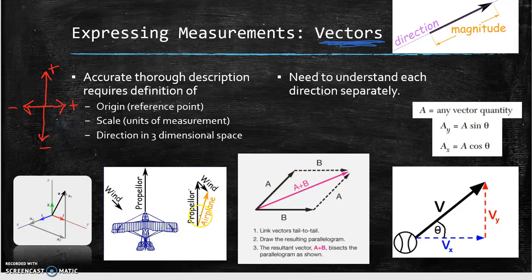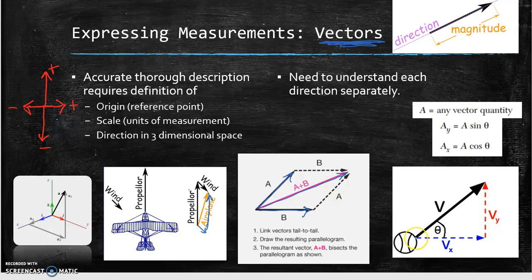But also, if you put them tail to tail and make a parallelogram out of it, the bisector of that parallelogram is the resultant here. So if I push this way with some amount of force and I push this way with some amount of force, the resultant force would actually be in this middle direction.